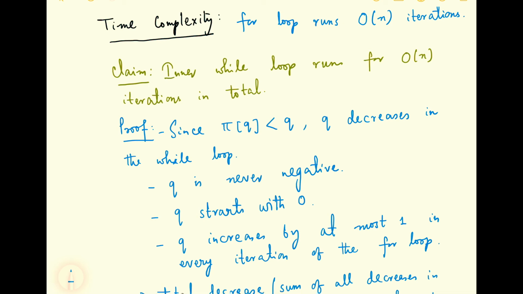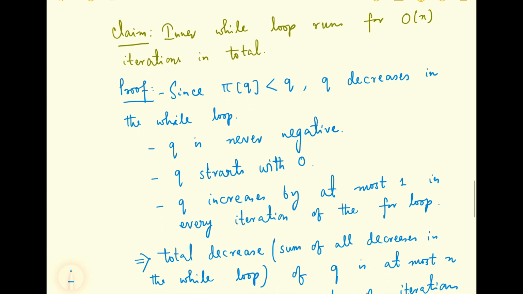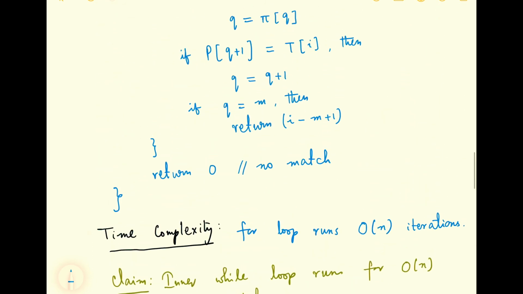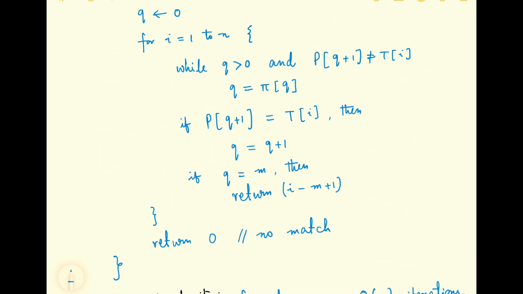It was started with 0, and q increases only in the first if statement, and that means q can increase by at most 1 in every iteration of the for loop, which runs for order n iterations.